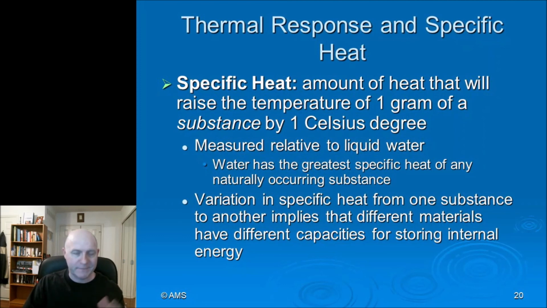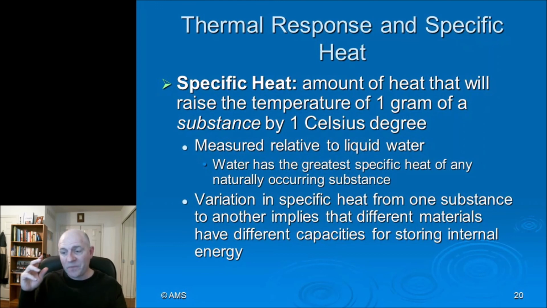And by definition and convention, that is measured relative to liquid water, which comes in as a 1. But the variation in the specific heat from one substance to another implies and becomes kind of evident that different materials have different capacities for storing energy in terms of bringing in that energy and then giving it off.